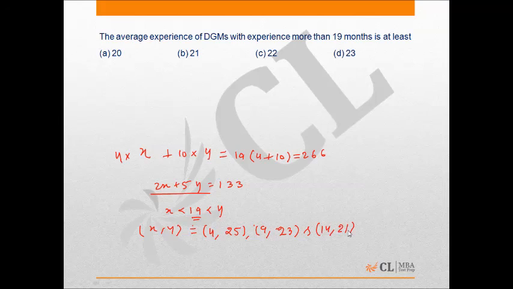So from these solutions, it is clear that the average experience of DGMs with experience more than 19 months is at least 21 years. Hence, option B is the correct answer to this question. So that's all for this set.